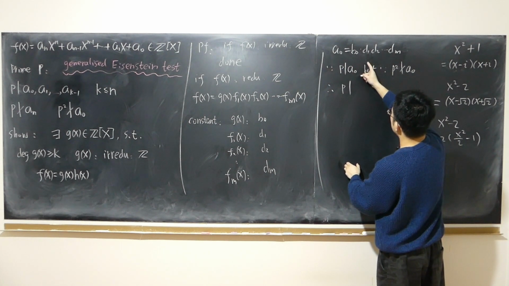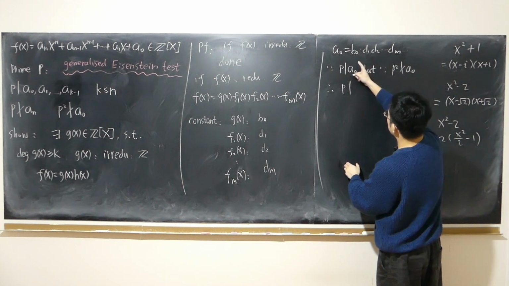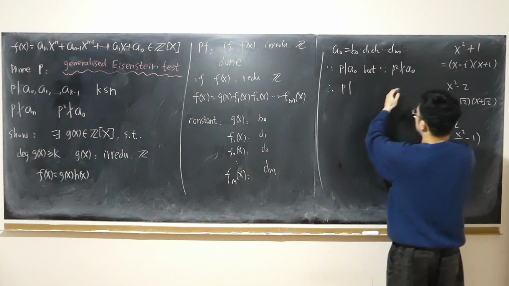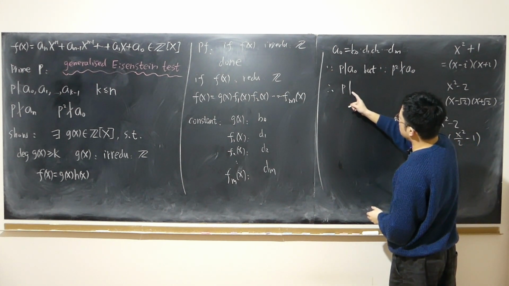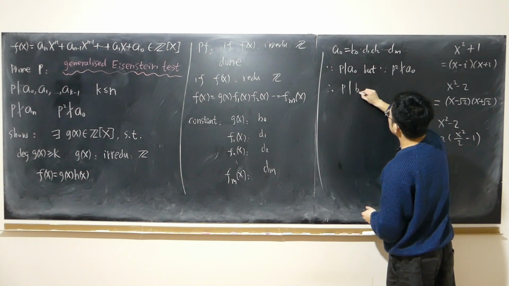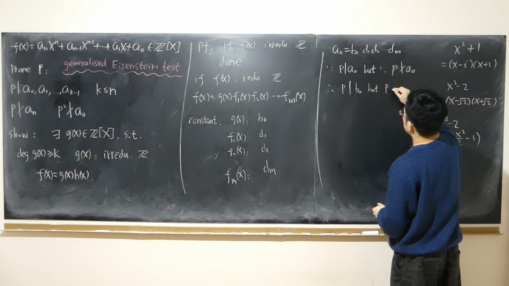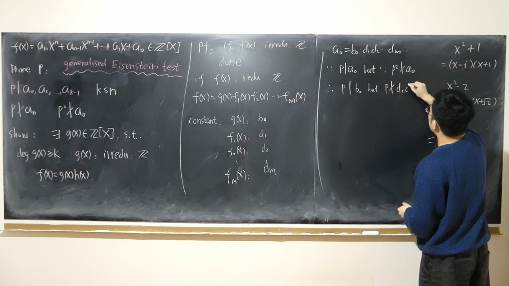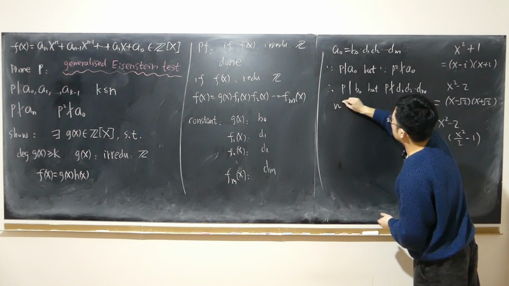It cannot divide 2 or 3 or more, because if p divided 2 or more of them, that would mean p squared divides a0. So without loss of generality, let me say p only divides b0, but at the same time does not divide d1 times d2 all the way up to dm.